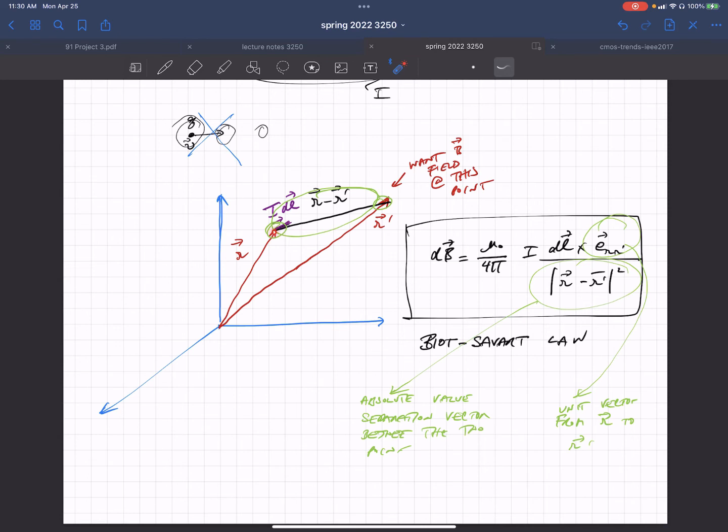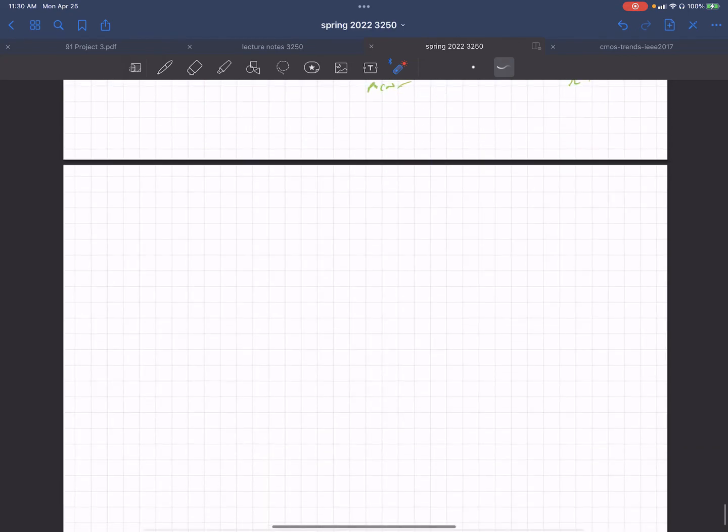And here there is a direction associated with the charge. So we have these cross products which can make our lives a lot more difficult than electrostatics. But anyhow, let's jump in, and I think you guys will see that.